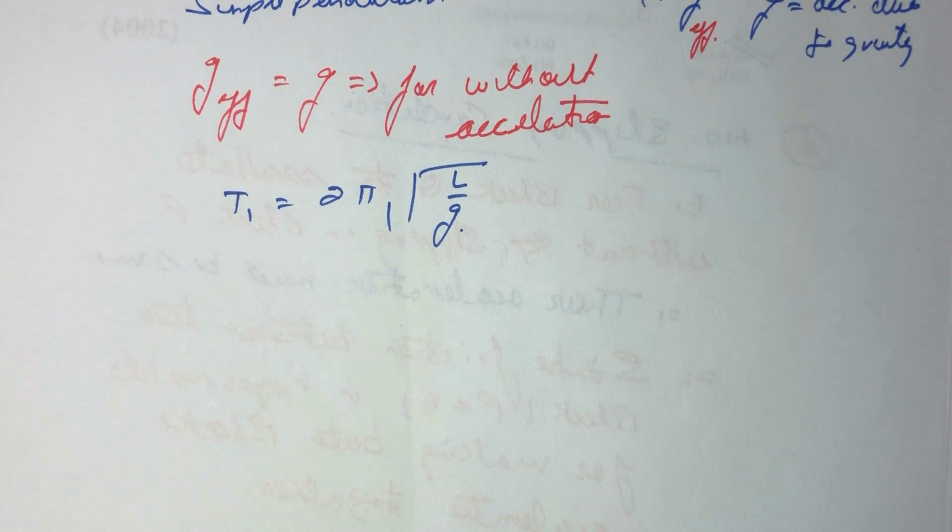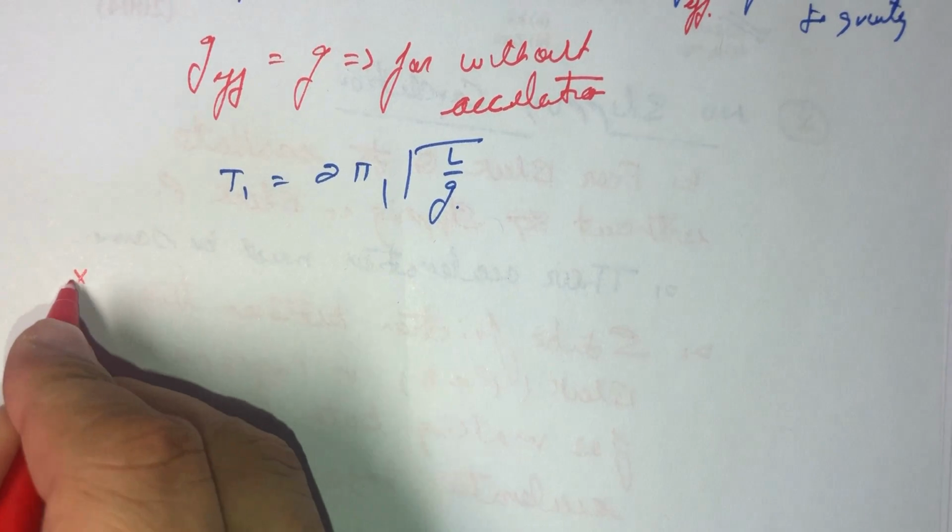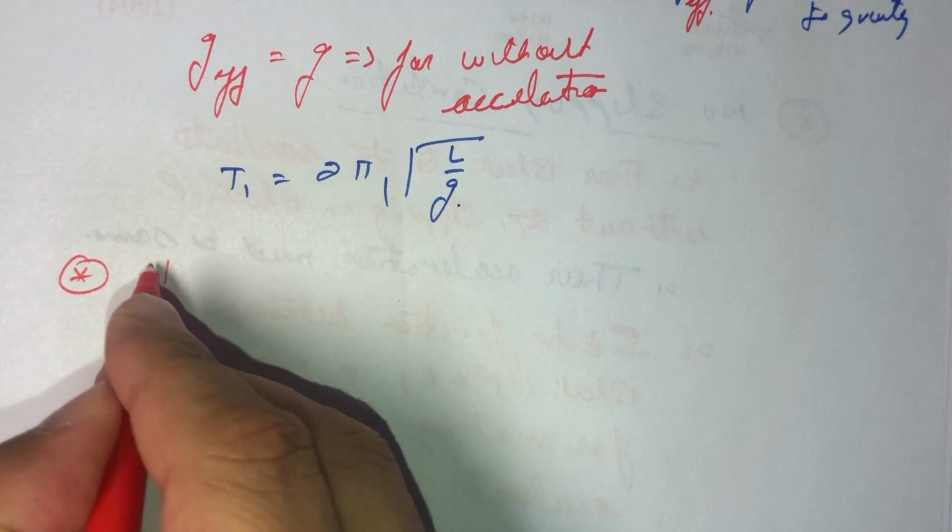Now for the second case, we find the time period when there is a vertical upward acceleration present.